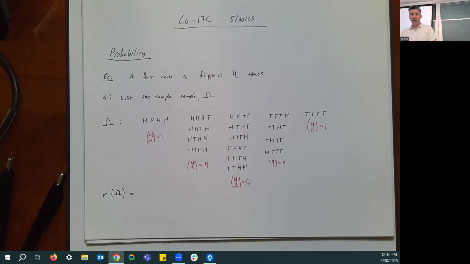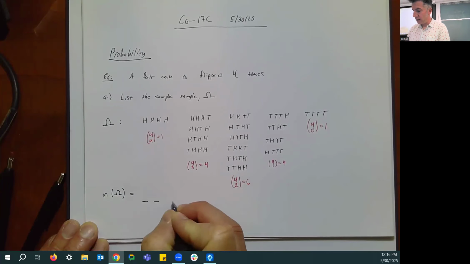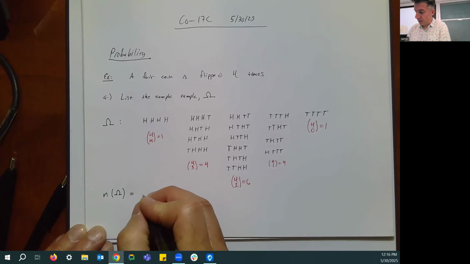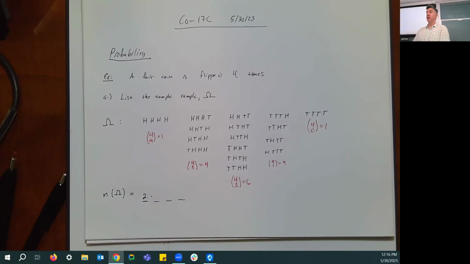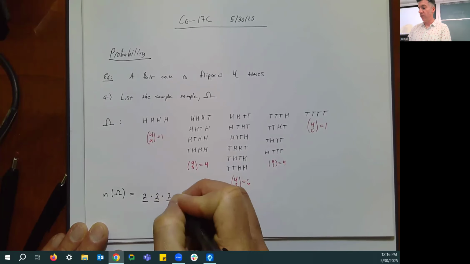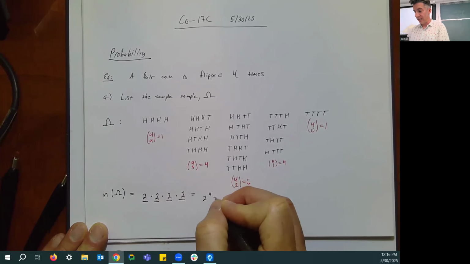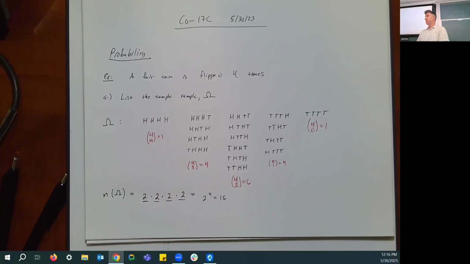If we flip 4 coins, when we flip the first coin there are 2 possible outcomes. For the next coin, 2 possible outcomes. For the third coin, 2 possible outcomes. And for the fourth coin, 2 possible outcomes. And 2 times 2 times 2 times 2 is 16. Great. So we totally knew how many things could happen before we even wrote them down.